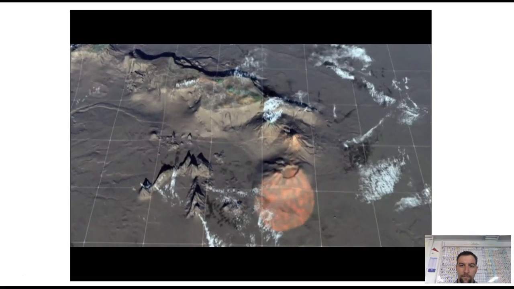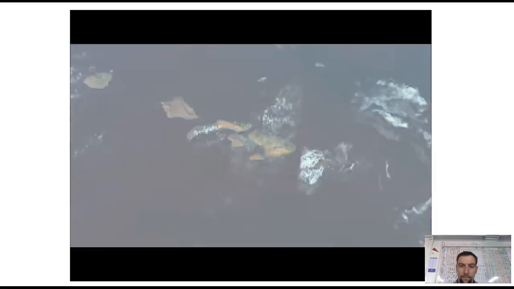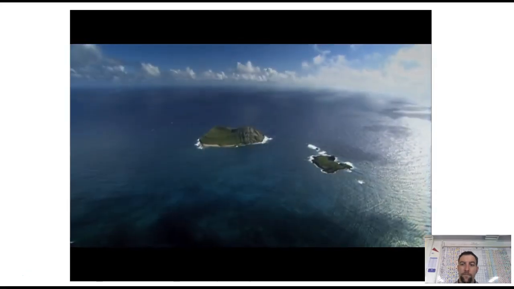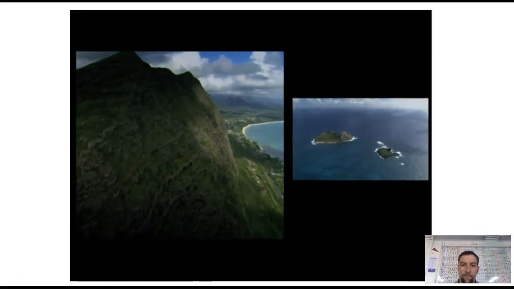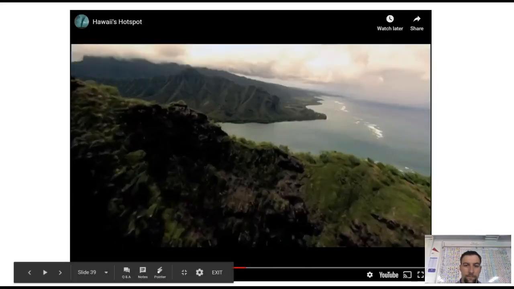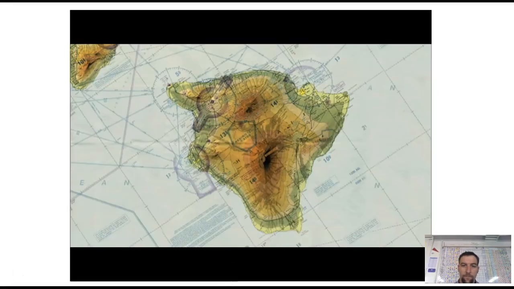Over the hot spot, a new volcano forms. But if the big island is growing, then what's happening to the island of Oahu? Oahu should be shield-shaped, but it's not. It's long and thin.